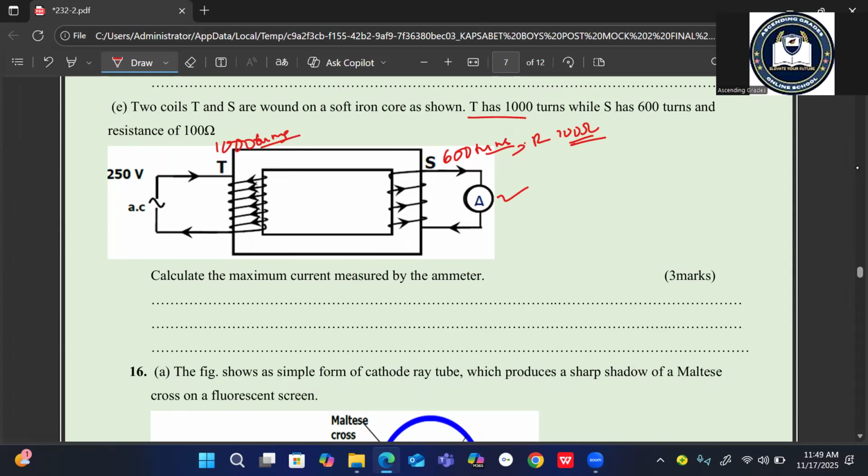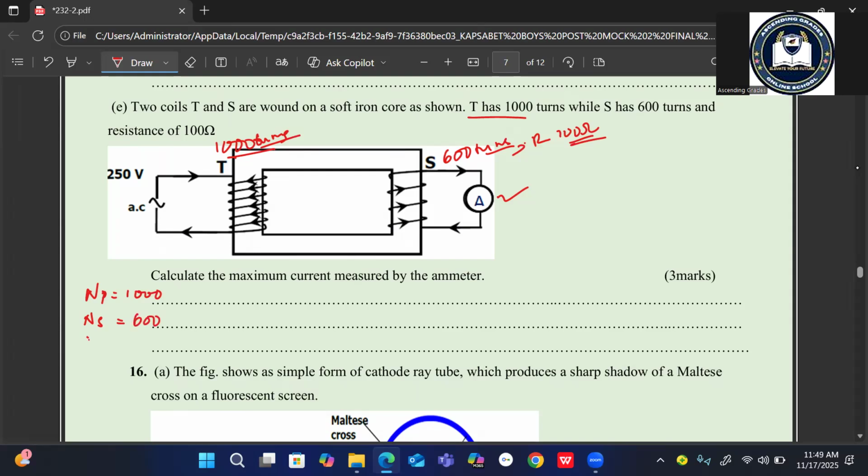So if you analyze the question, this will be the primary. You can say that NP is equal to 1,000 turns. The N secondary will be 600 turns.